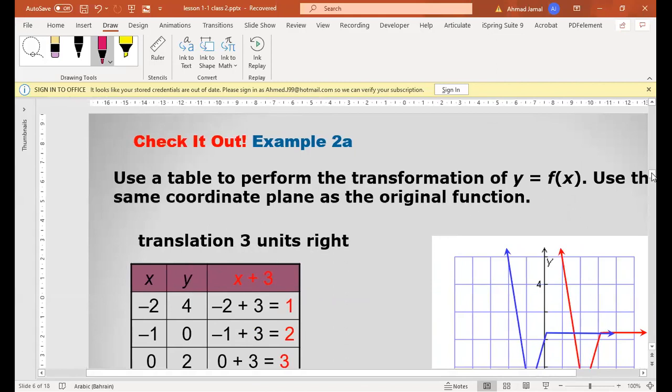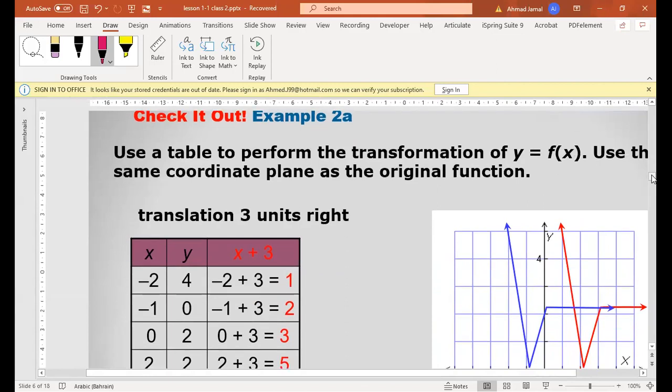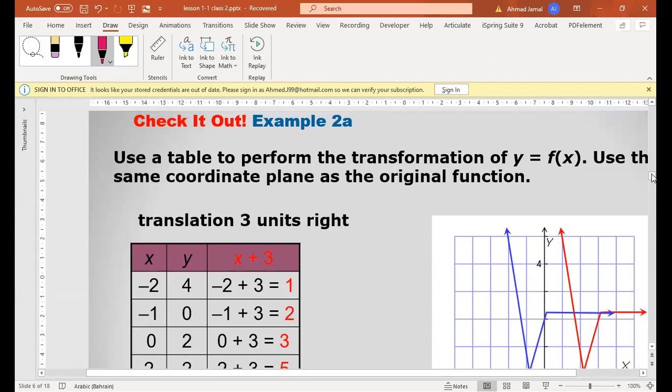What is the meaning of translation 3 units to the right? Positive or negative? Right, so I will use positive. And which coordinate, x or y? Move horizontal, so in the x-axis.